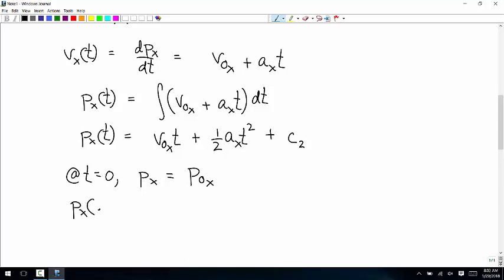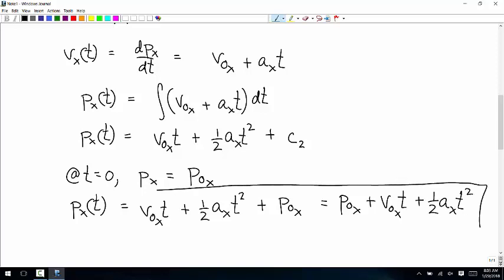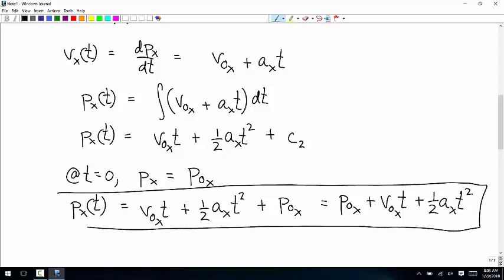And so px of t is equal to v0x times time plus 1/2 ax t squared plus p0x, and you can rearrange that to be p0x plus v0x times time plus 1/2 ax t squared. And you do it the exact same way to get the y component of the position.